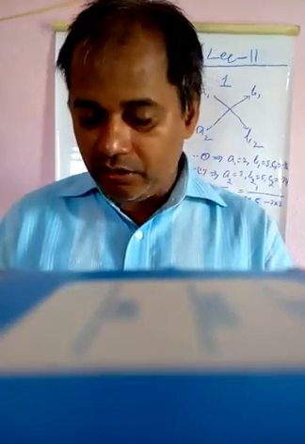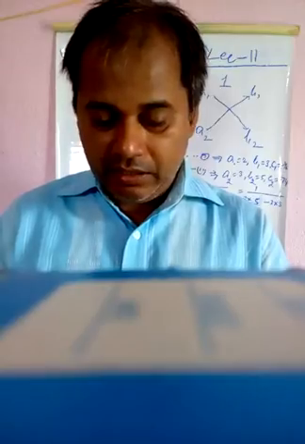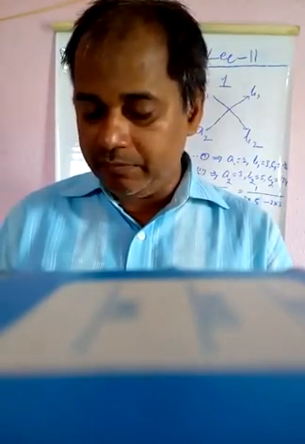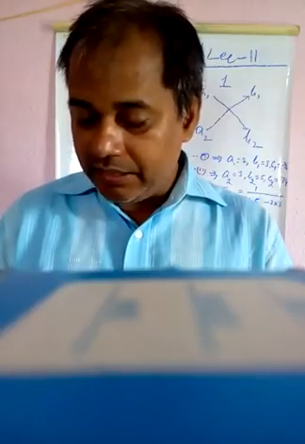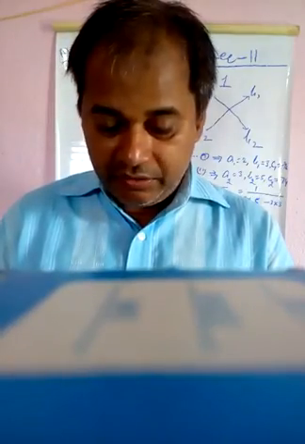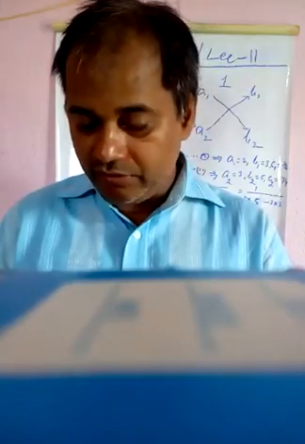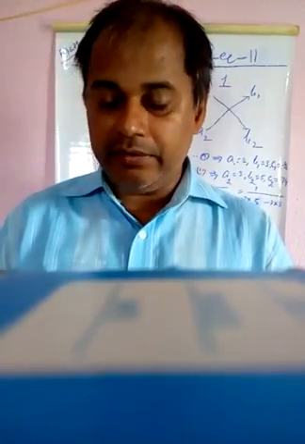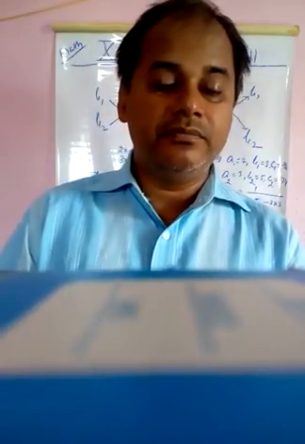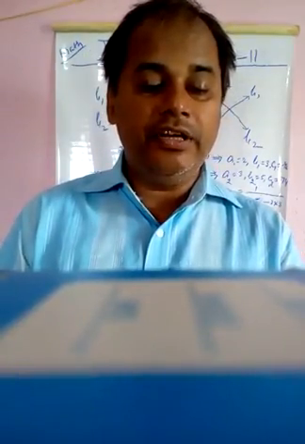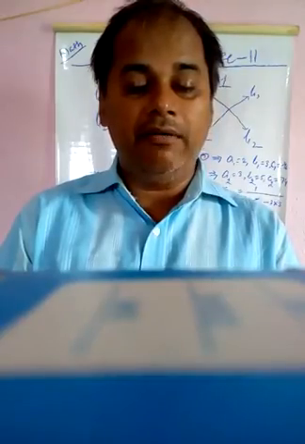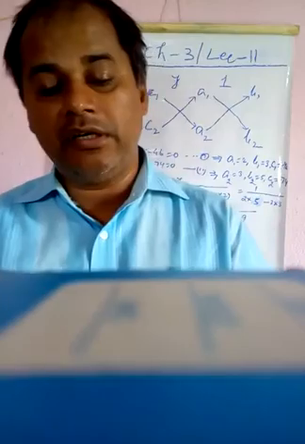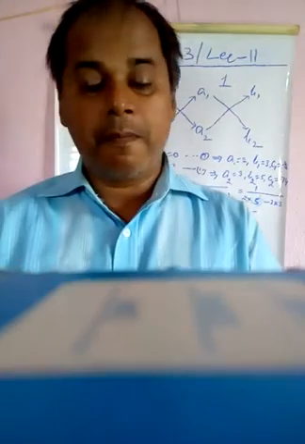Also, the time is equal to distance by speed. In the first case, when the boat goes 30 km upstream, let the time taken in hours be t1. Then t1 is equal to 30 by x minus y, and let t2 be the time in hours taken by the boat to go 44 km downstream.